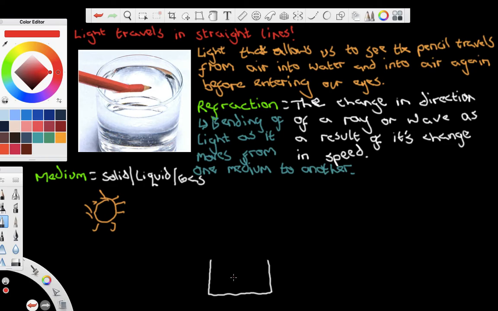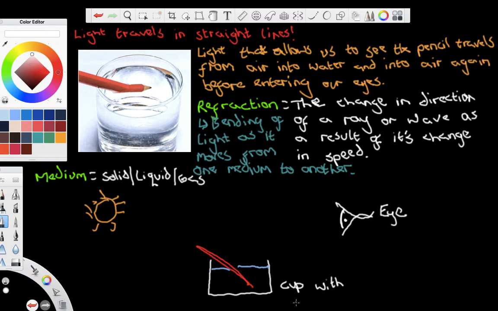The pencil is straight, so we are going to draw it straight. We've got water inside the cup. Okay. So the light rays, and we need to draw someone's eye. When we draw an eye, we draw it like this. So that's an eye. We've got the cup with pencil, and we've got the light source.